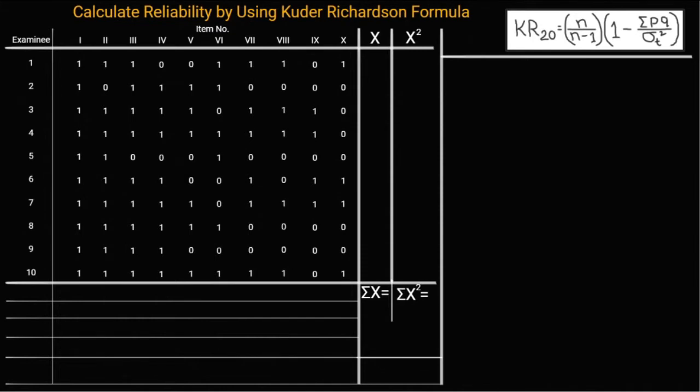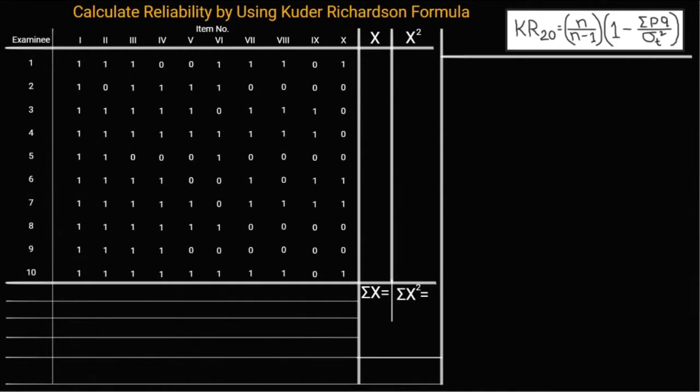They did a series of researches to remove some of the difficulties of the split half method of estimating reliability. They were dissatisfied with the split half method, and therefore they devised their own formulas for estimating the internal consistency of the test.